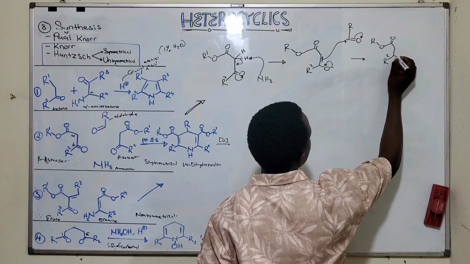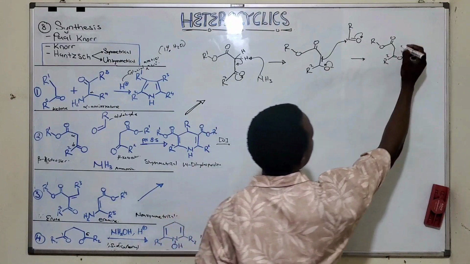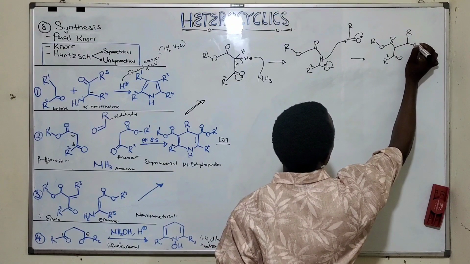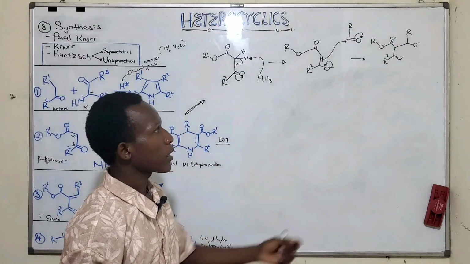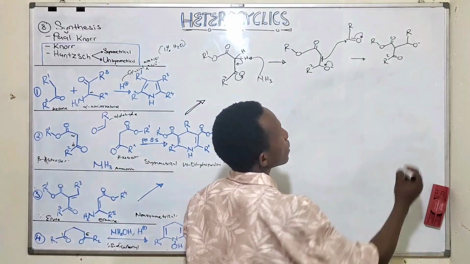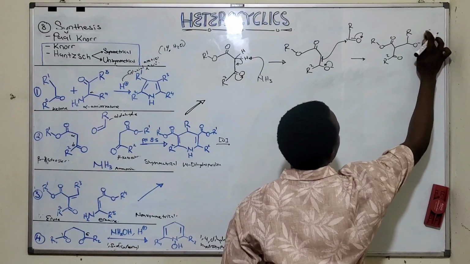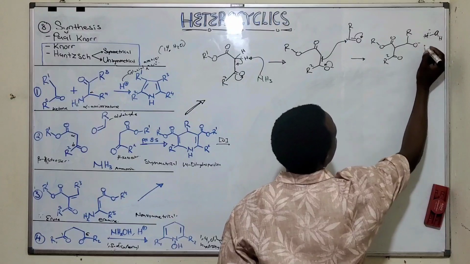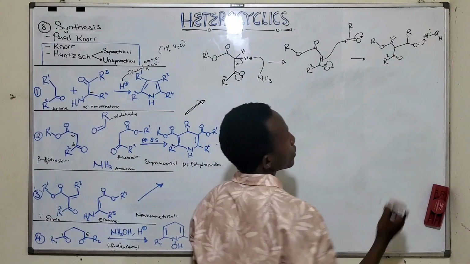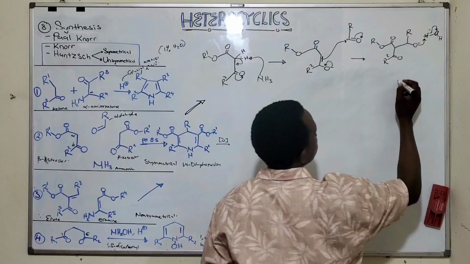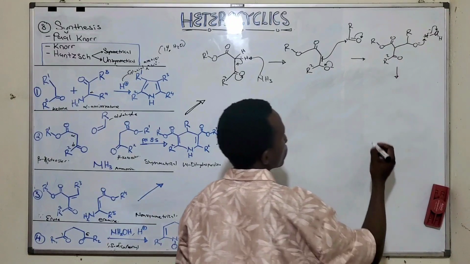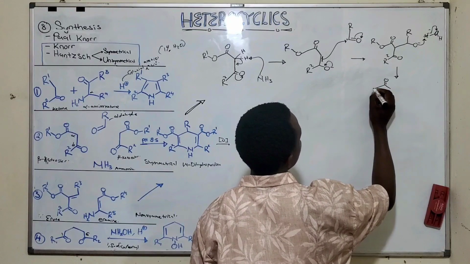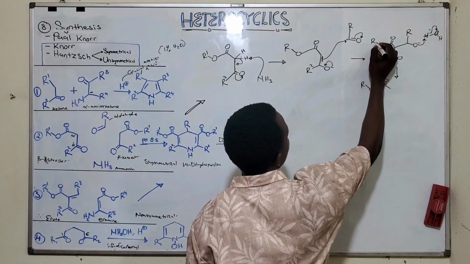So we form this. You have R2, from this one here. Then we have this with O minus. Then this oxygen can take up hydrogen from water. From water, it can attack the hydrogen. This one breaks off like that. So form this. This is R1.